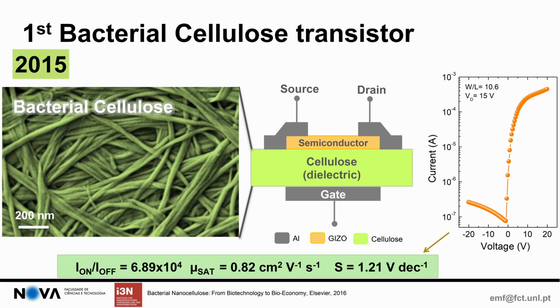Some years later, using the same architecture, we developed the same transistor, but instead of using cellulose coming from trees, vegetal cellulose, we used bacterial cellulose. The electrical performance of the transistor is much better, since the roughness of the material is much lower, and the purity is much higher.